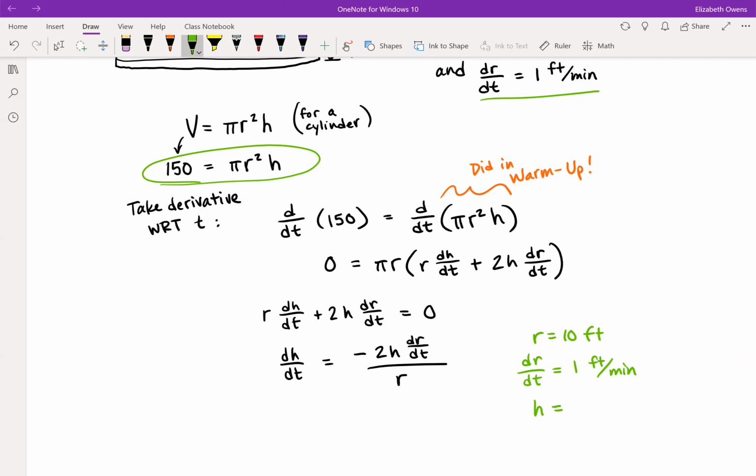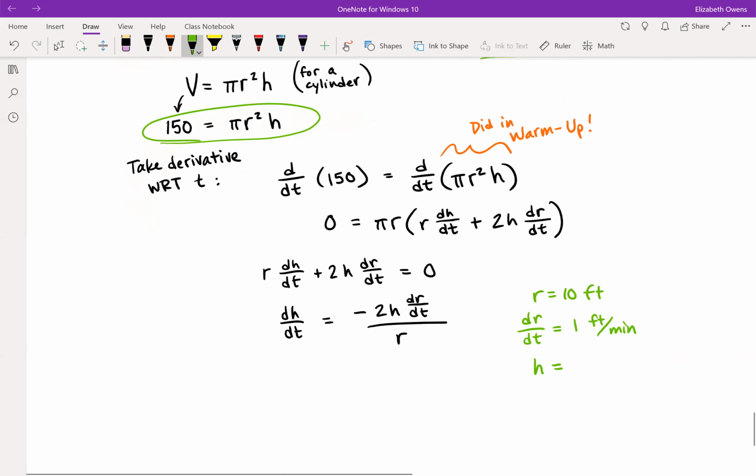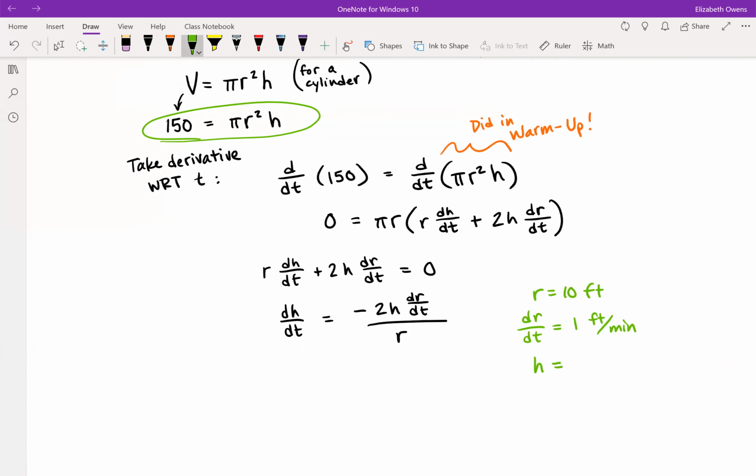Because 150 equals pi r squared h, and so we can use that fact. Pi r squared h, and we know what we want our r value to be. So 150 is pi times 10 squared times h.